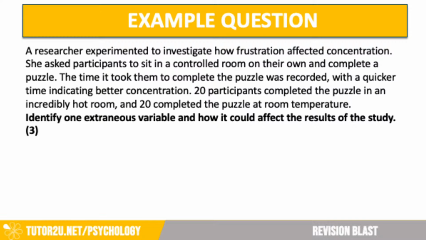So what maybe could we say here? What could be an extraneous variable? So a variable that could affect the DV, that could muddle the results potentially.